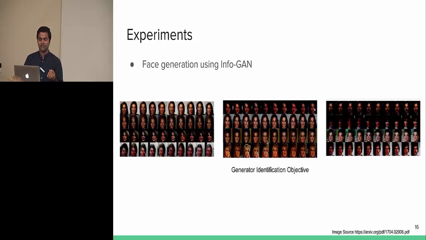In the second generator there is a variation with respect to the hairstyle, and in the third one there is a variation with respect to the amount of lighting on the face. So all three generators have learned to generate samples which are distinct looking, but not only distinct looking, also realistic in this case.